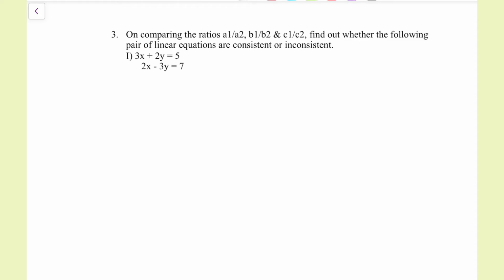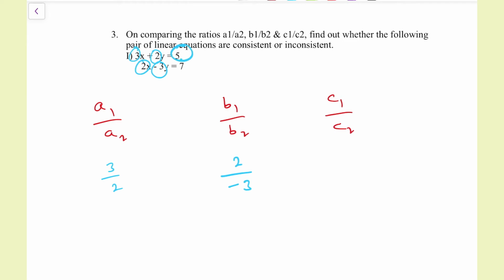First one, let us find the ratios a1 by a2, b1 by b2 and c1 by c2. a1 by a2, x coefficient, 3 by 2. b1 by b2, y coefficient, 2 by minus 3. c1 by c2, constants, 5 by 7.